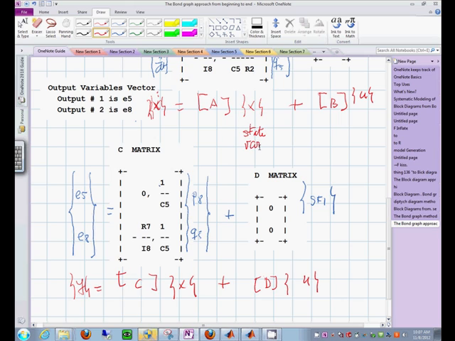This is the state variable vector, and this one is the inputs vector, which is also here, and this input vector is also here. Okay, so far so good. We obtained the state space form.